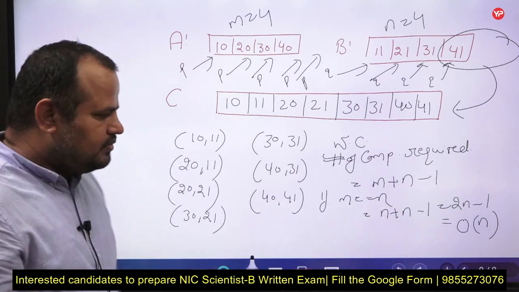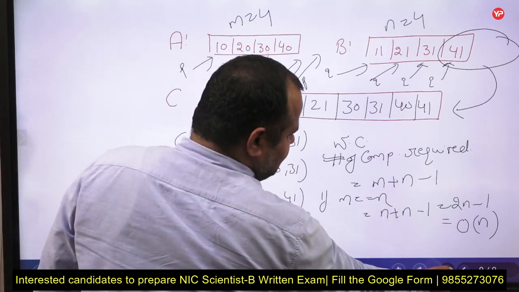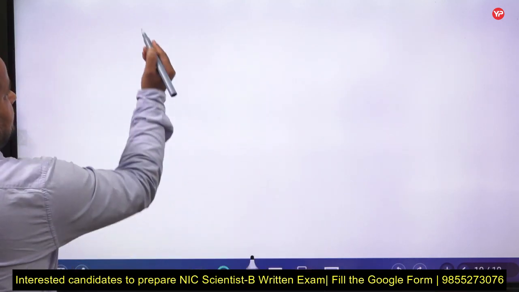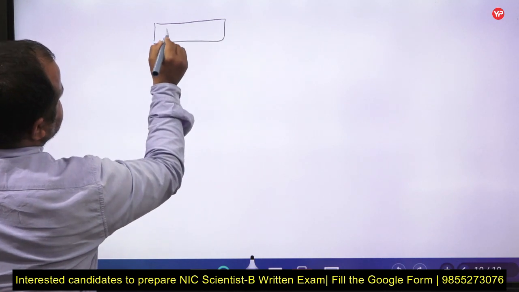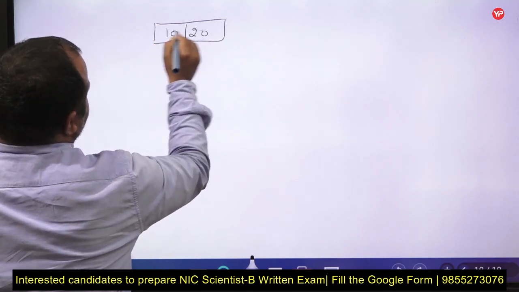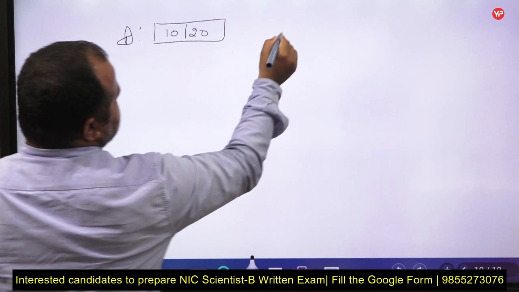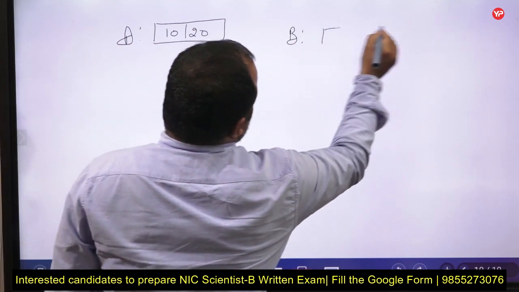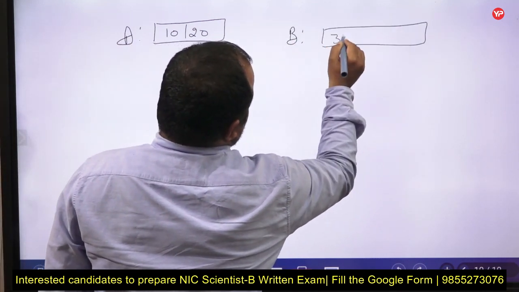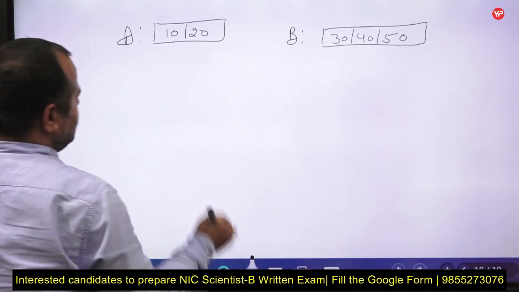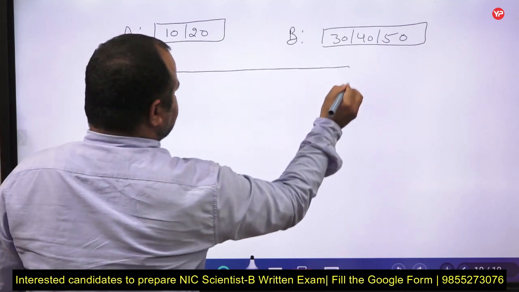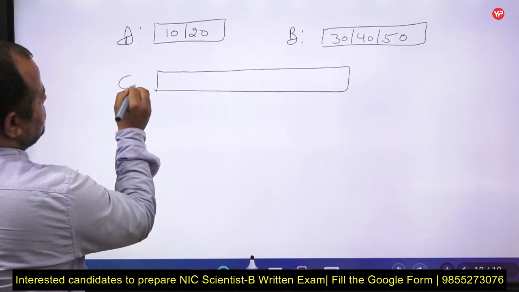Fine. Now move on to the second topic. Suppose I have an array which is sorted in nature, 10, 20. Fine. I have one more array which is sorted in nature, 30, 40, 50. Now again the same procedure applies and I want to merge these two sorted subarrays.